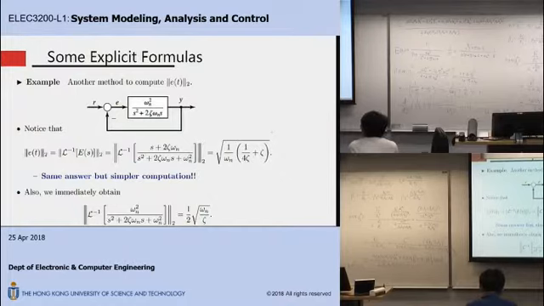From here, you see that in order to have a small impulse response, these things need to be big, zeta big. So you need a huge damping.